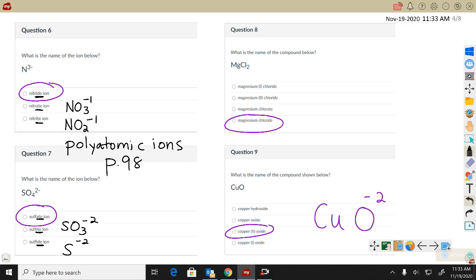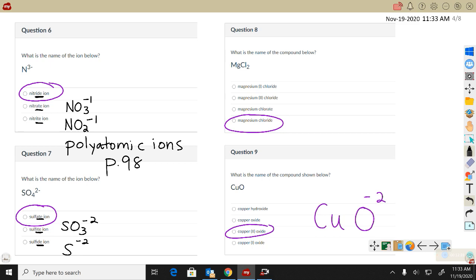Now, the polyatomic charges, you also don't have to memorize. Somebody asked about it the other day, and they said, well, but if I add the normal charge of nitrogen and 3 oxygen, let's say, I don't get minus 1. You are correct. The charge comes from the fact that if you want to bond nitrogen with 3 oxygen and give everybody an octet, you're going to be 1 electron short.